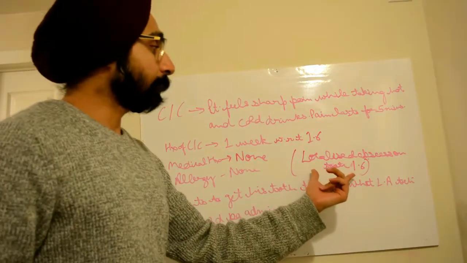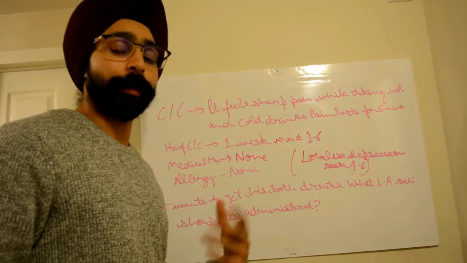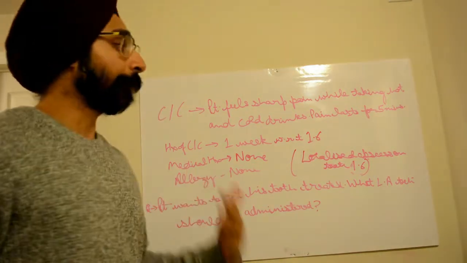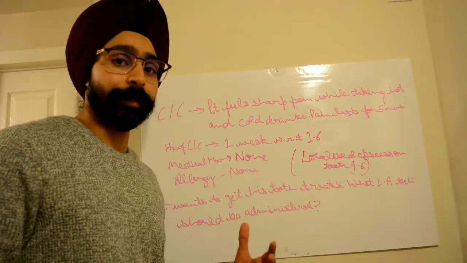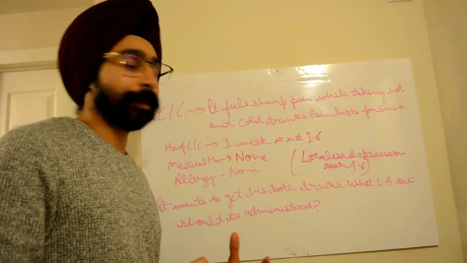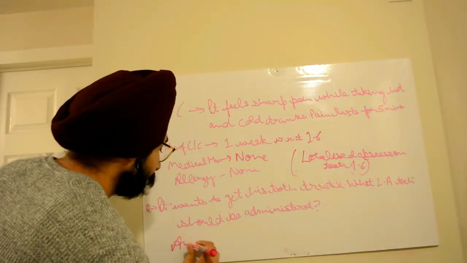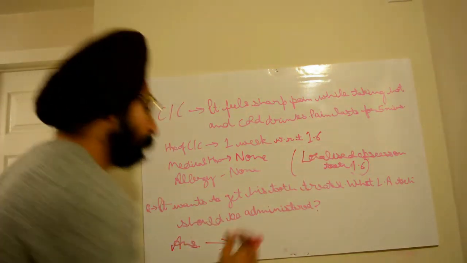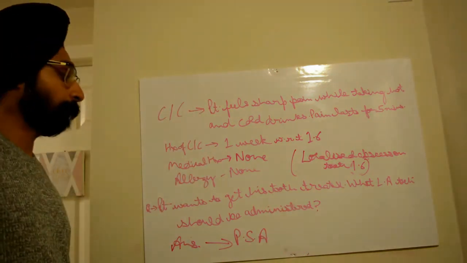Because there is a localized abscess on tooth 1/6, that means we cannot give infiltration. When we cannot give infiltration, the next anesthetic technique that will anesthetize the pulpal tissue of 1/6 is, so the answer is PSA nerve block, posterior superior alveolar nerve block.